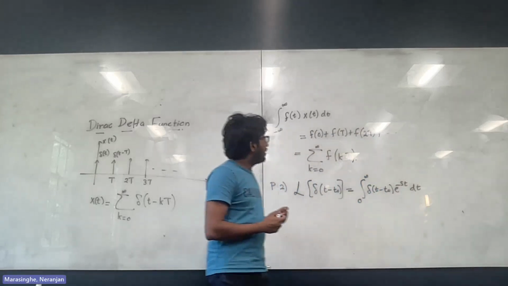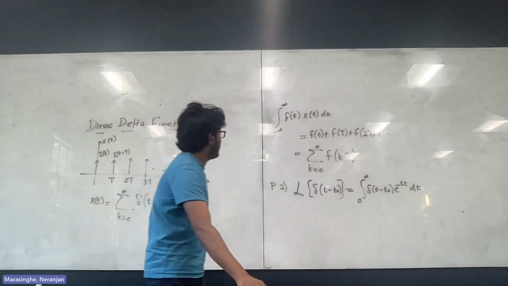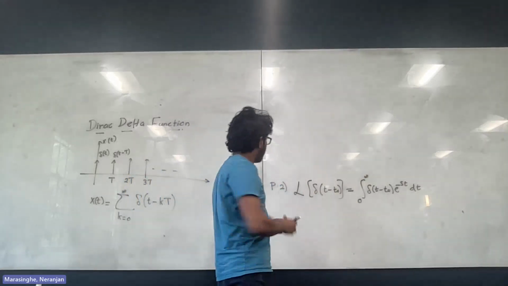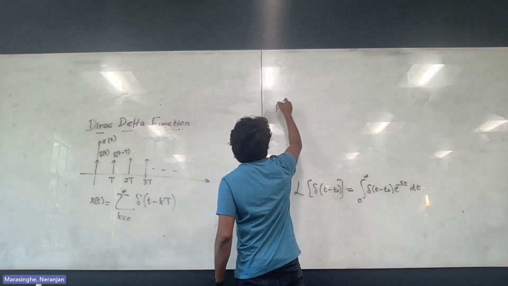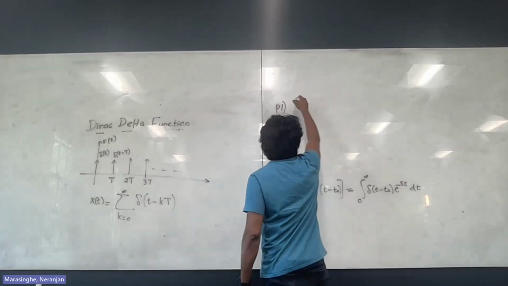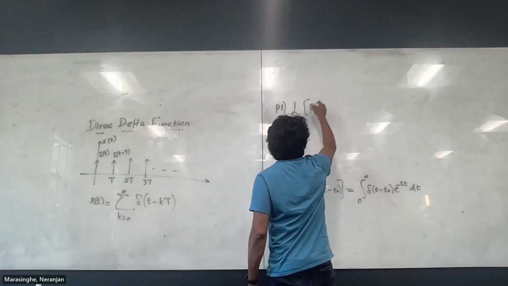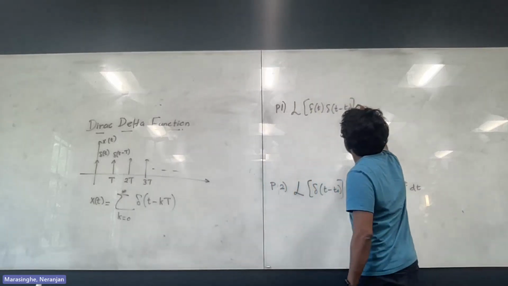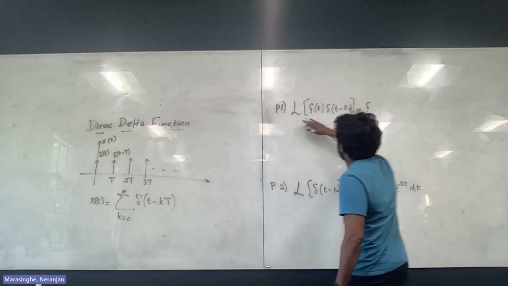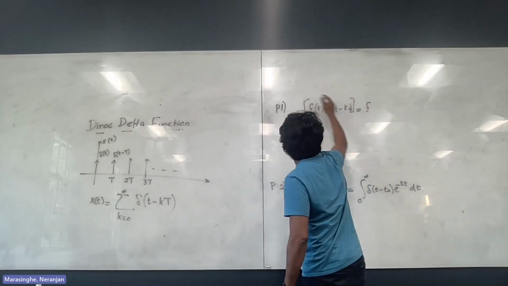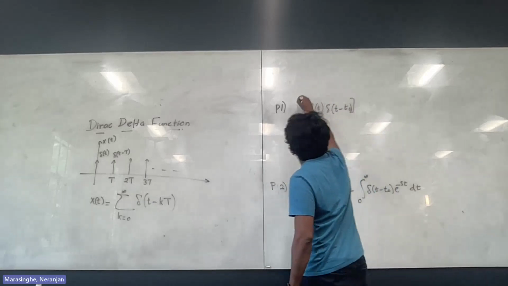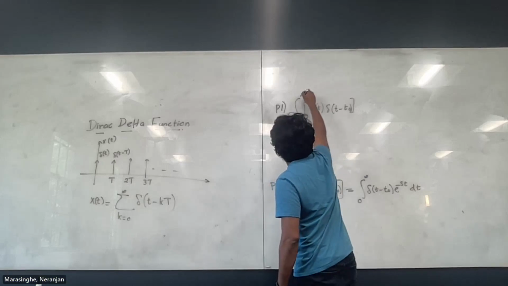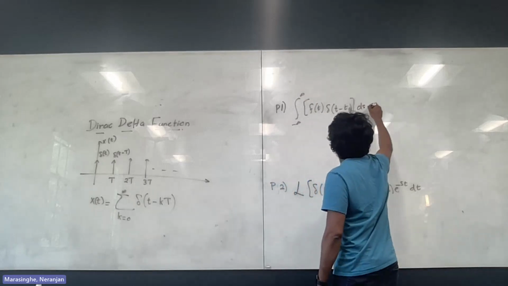Now again, recall the first property that I mentioned. What was property number 1? The integral from minus infinity to infinity of f(t) delta t minus t naught dt is f(t naught).